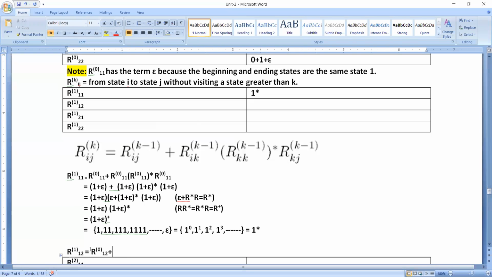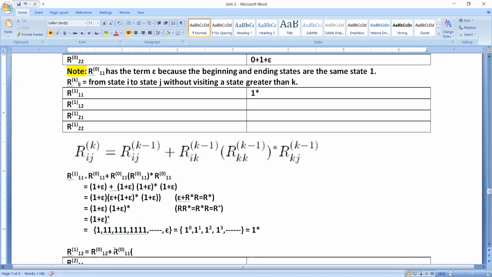R i k. R i k in the sense, we need to take this. R i k will be R11 power 0, into R k k. What is k here? R11. Again, we are going to get R11.